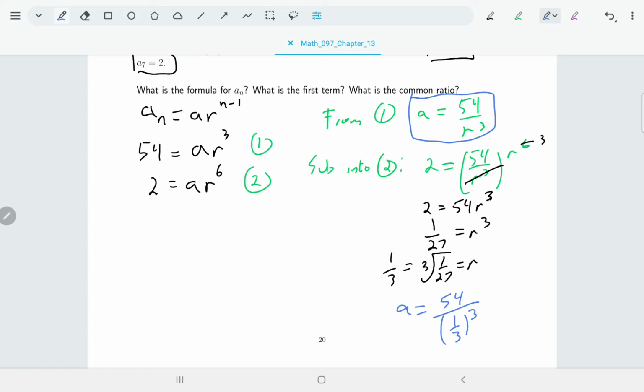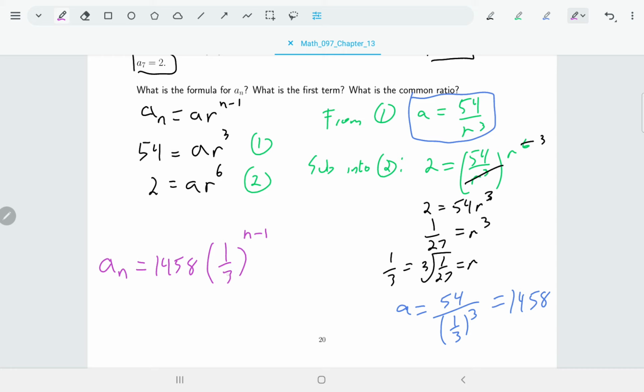If you use your calculator, 1/3 cubed is 1/27, and 54 divided by 1/27 turns out to be 1,458. So now we can write our formula. Our formula for an is our first term, a, which is 1458, times r, which is 1/3, to the power of n minus 1.